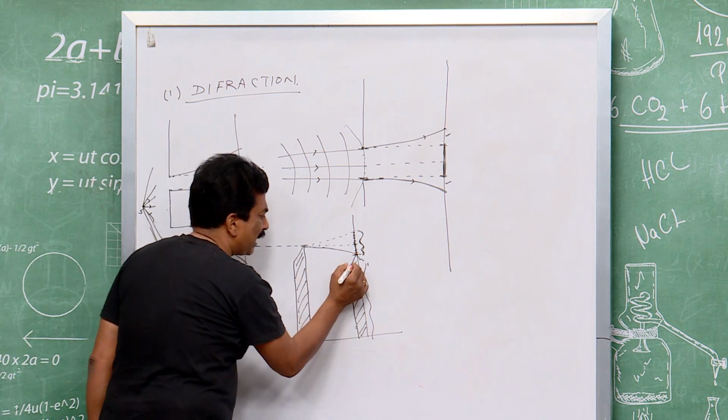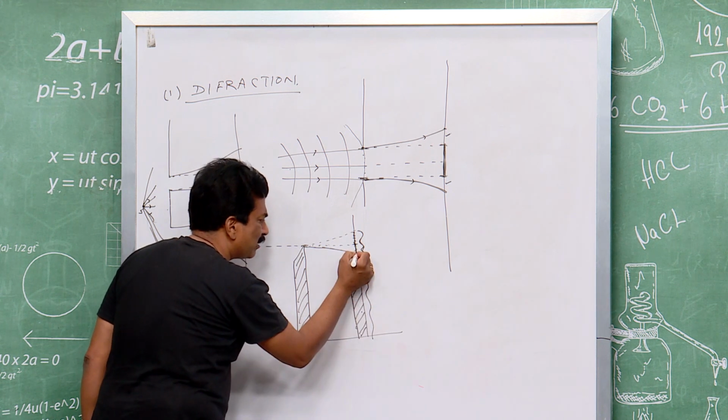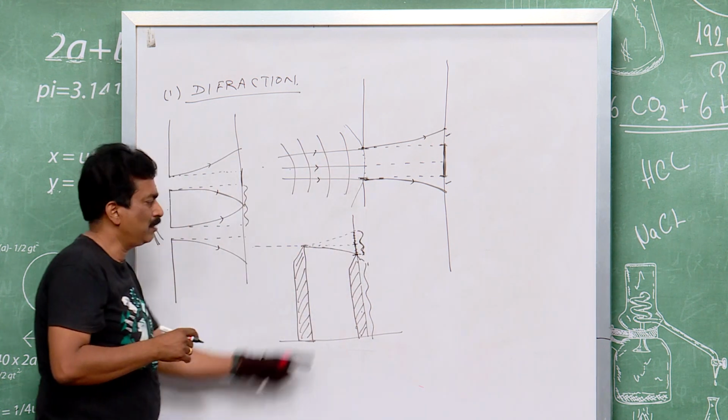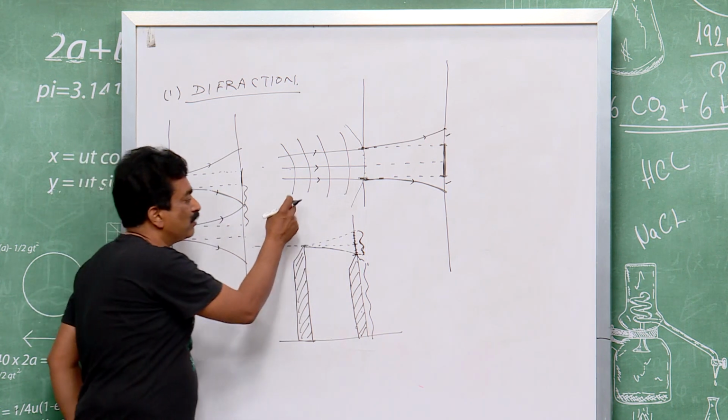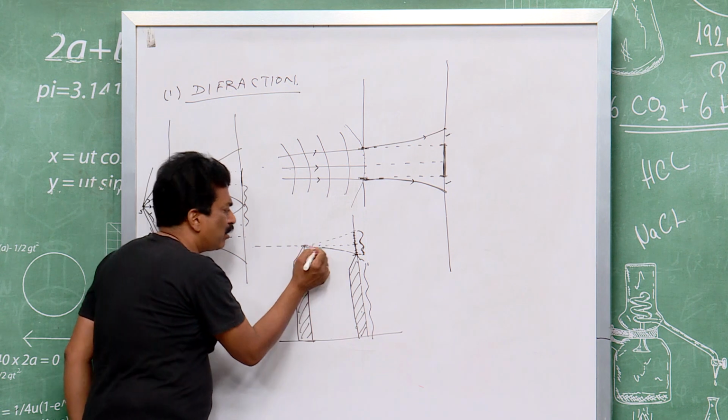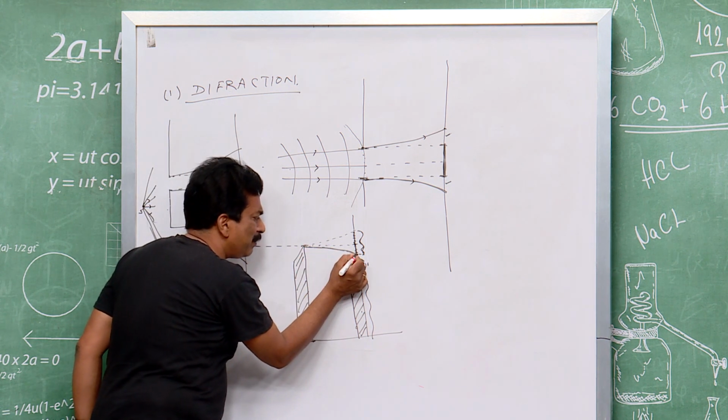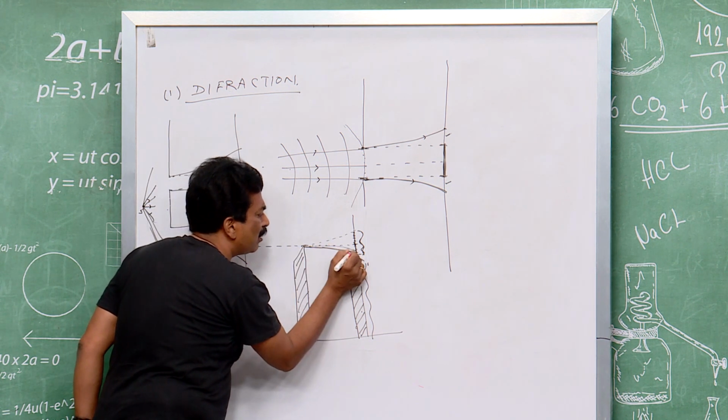That does not mean that the dark region will be completely bright only. As we have seen earlier for Young's double slit experiment, the rays not only meet here, some rays also come here.